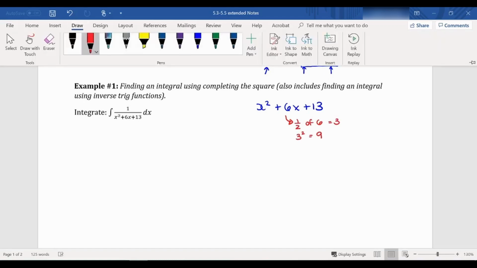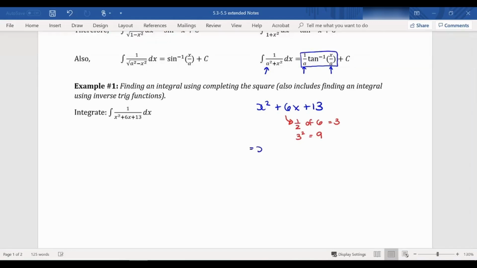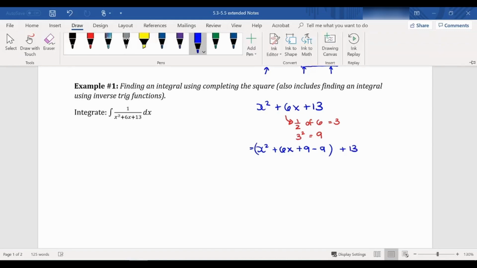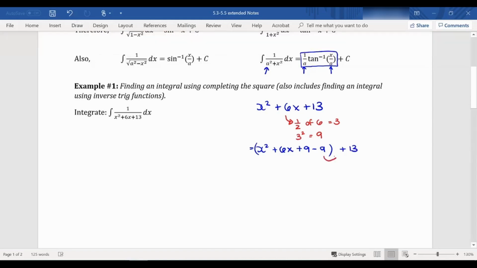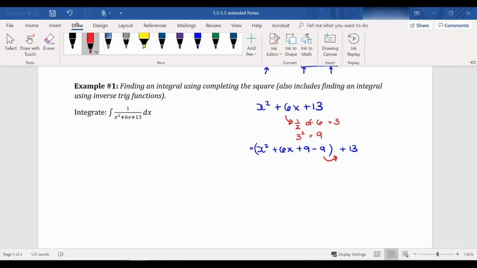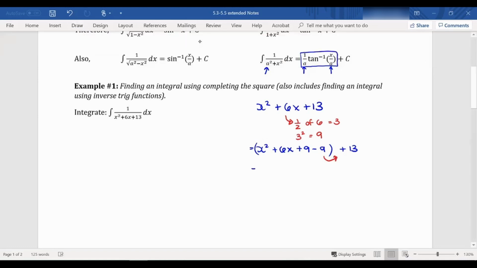What I'm going to do is rewrite this so that I have x squared plus 6x plus 9 minus 9, and then keep my plus 13 at the end. I'm adding and subtracting 9 because that would be the equivalent of adding 0, so I haven't actually changed the value of my expression. I'm going to take the negative version of the number I wrote out.